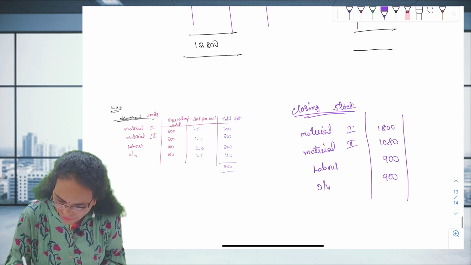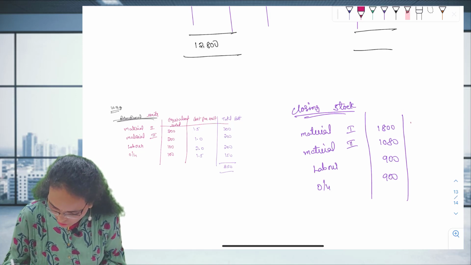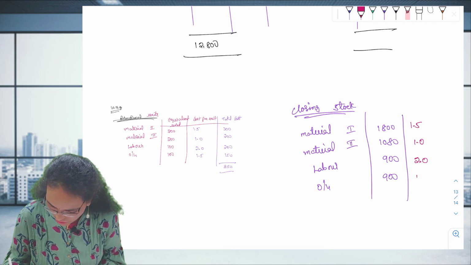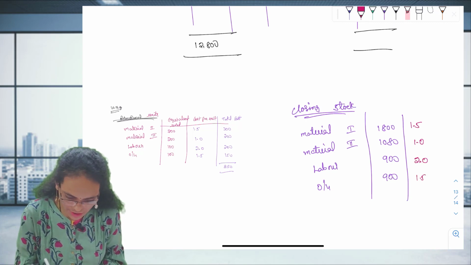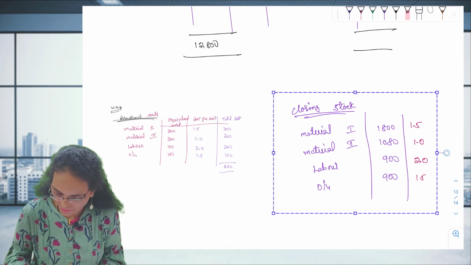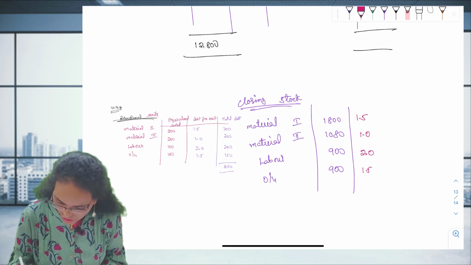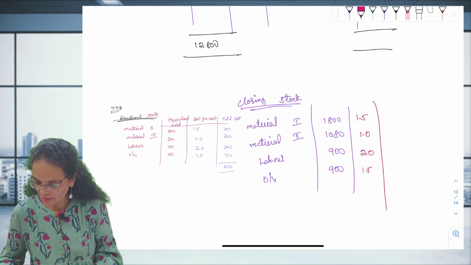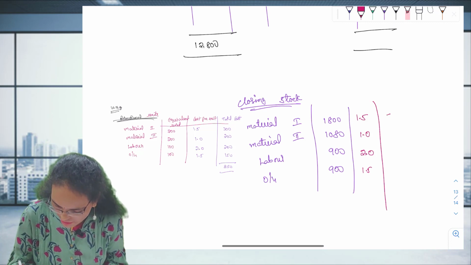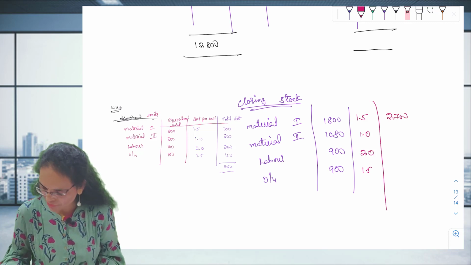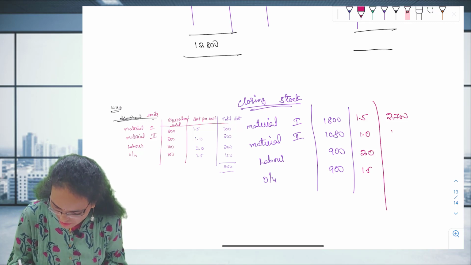The cost is 1.5, 1.0, 2.0, 1.5. So the total: 1800 into 1.5 is 2700. 1080 into 1 is 1080 only.